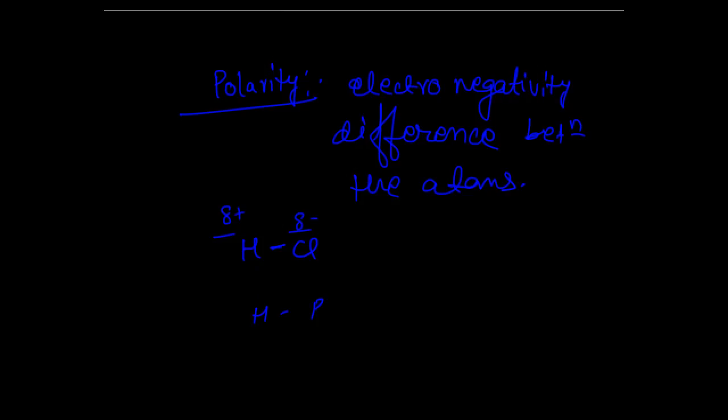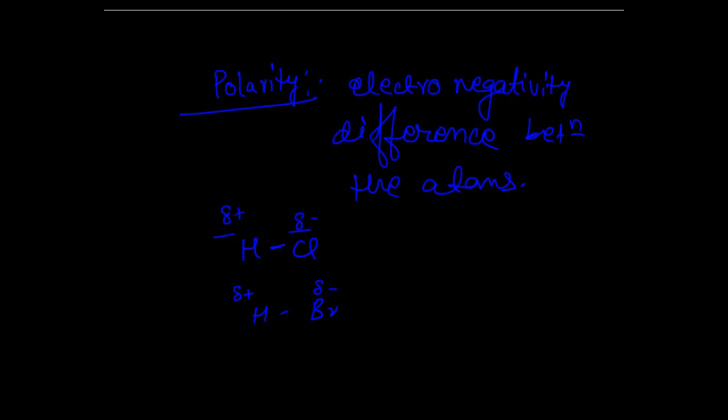Now let us consider HBr. Since we have the same atom on our left hand side, but we have changed the atom on our right hand side, that is, chlorine is replaced by bromine. Both of these are halogens, so both have a tendency to gain electrons, hence they are electronegative. So bromine is also electronegative and hydrogen is also electropositive.